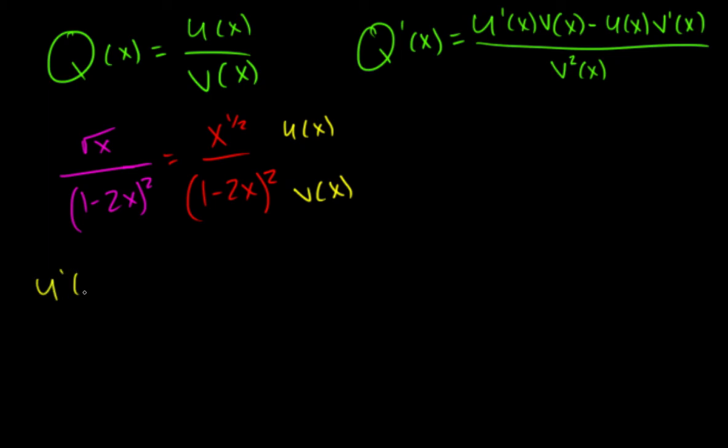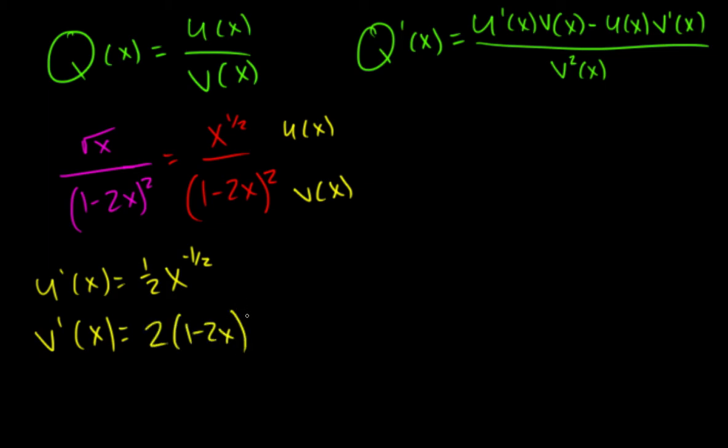And so u prime is going to be 1/2 x to the negative 1/2. V prime is going to be 1 minus 2x to the 1. And then that's multiplied by the derivative of the inside. And so if we multiply those, we get negative 4, 1 minus 2x.